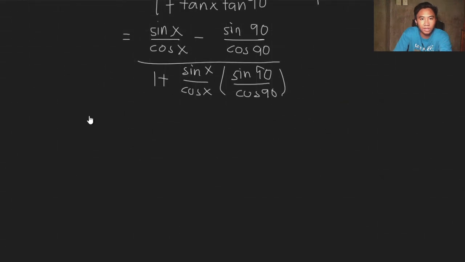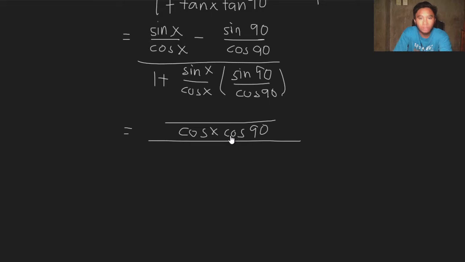So, our LCD for the two, top and bottom, is the biggest divisor of them. The LCD of the top is cosine x, cosine 90: just multiply them. Then we divide cosine x cosine 90 by cosine x, so cosine x is gone, and cosine 90 remains.